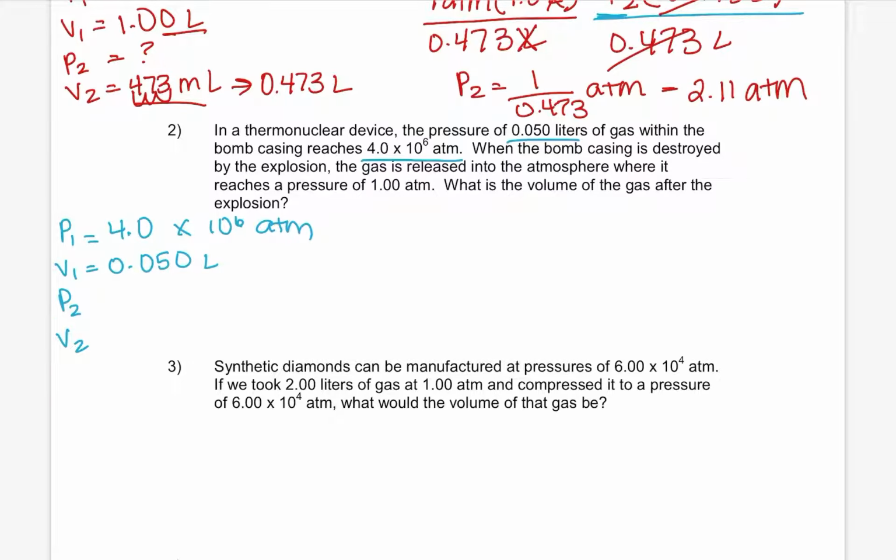That is our first pressure. When the bomb casing is destroyed, the gas is released to the atmosphere where it reaches a pressure of 1 ATM. That is our new pressure, so 1.0 ATM. What is the volume? So we're looking for the volume now.